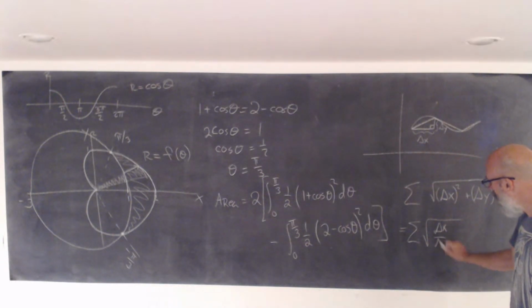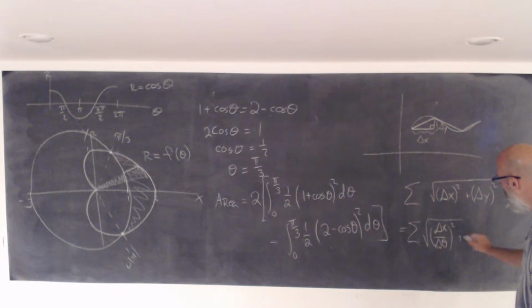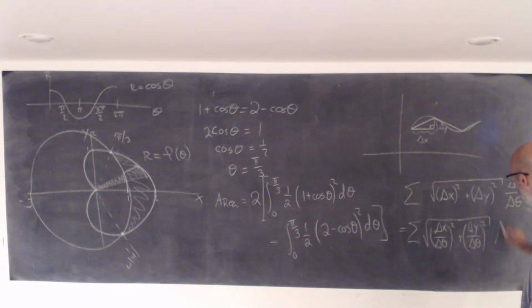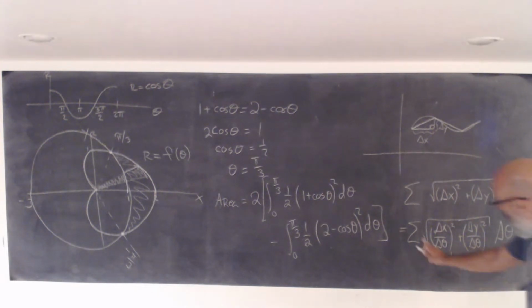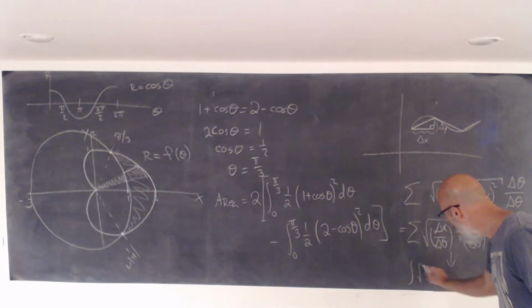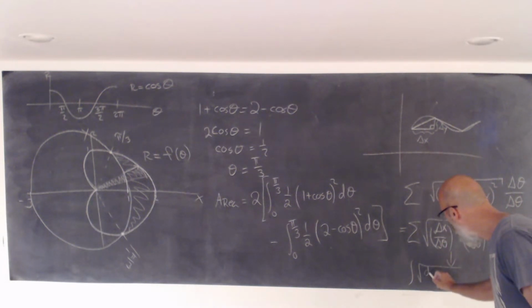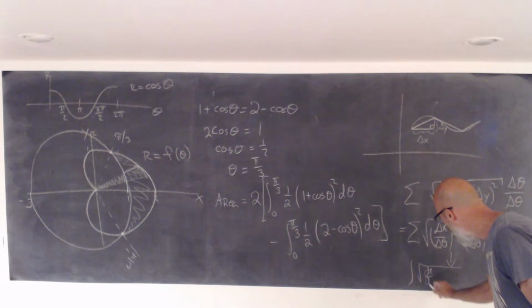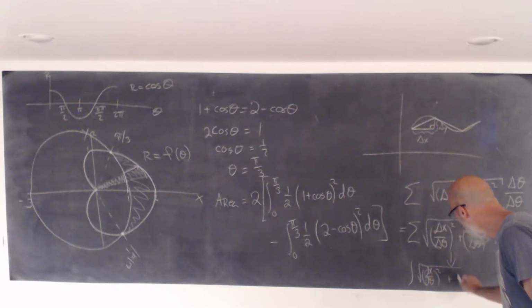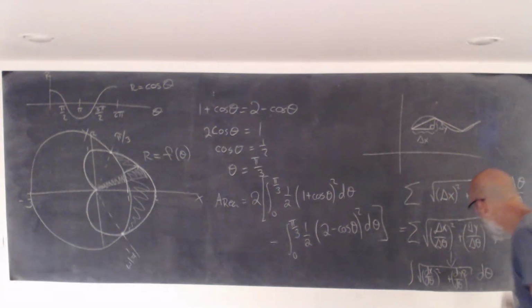This becomes delta x over delta theta squared plus delta y over delta theta squared, with the delta theta outside. And now you have a Riemann sum. And as delta theta gets smaller and smaller, the sum becomes an integral: square root of (dx/d theta squared plus dy/d theta squared) times d theta.